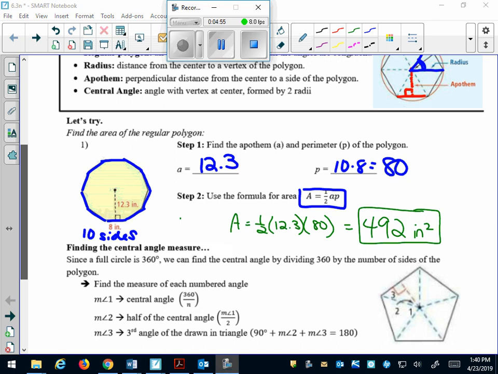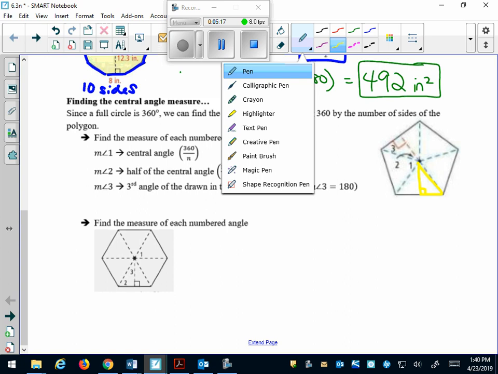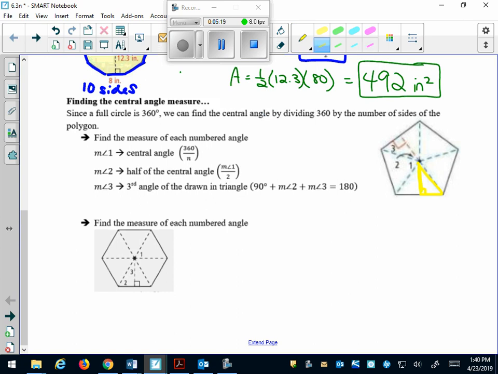Okay, so sometimes they're not going to give us the apothem. They're going to make us work for it. What I want you to remember in this whole process is that this triangle here is the key to finding the area of the polygon.